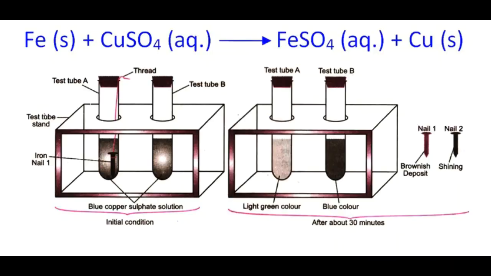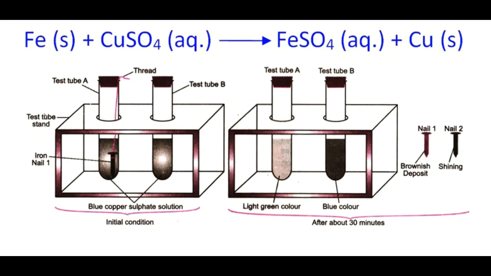You see in this picture, the blue copper sulfate solution is taken in two test tubes, and in one test tube an iron nail is put with a thread.